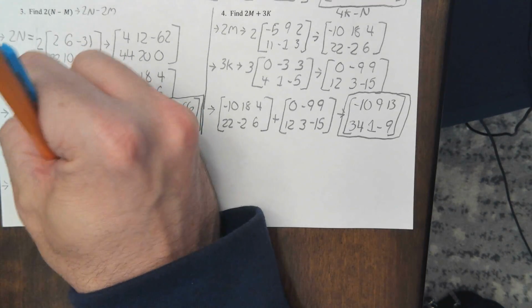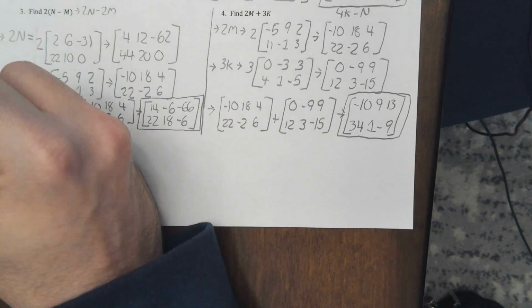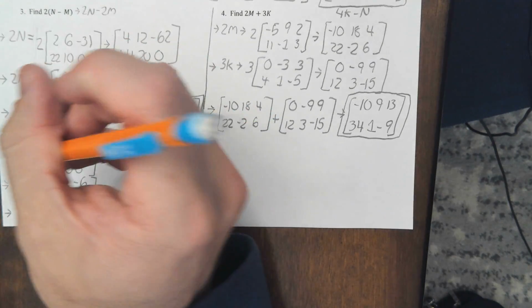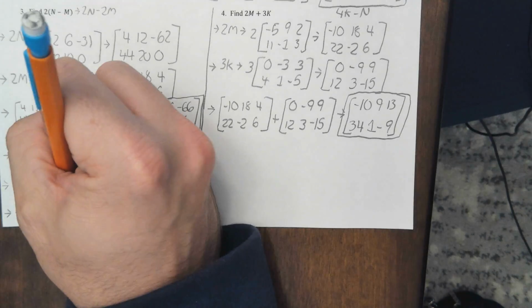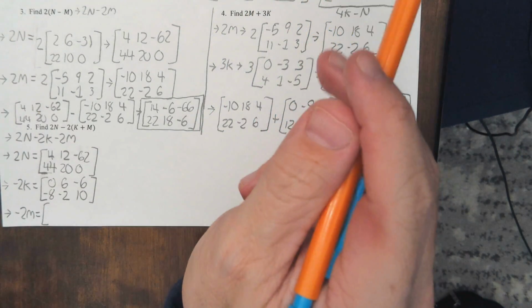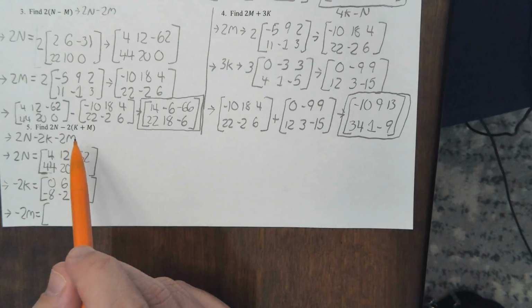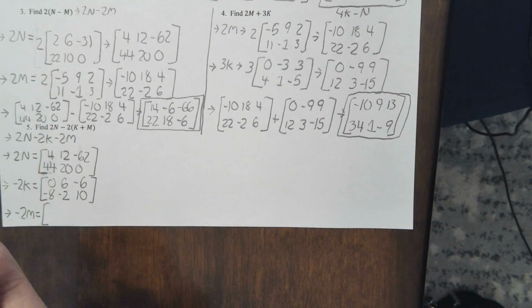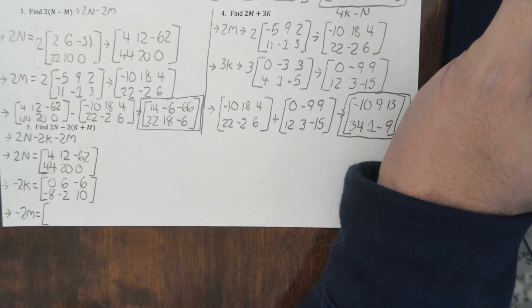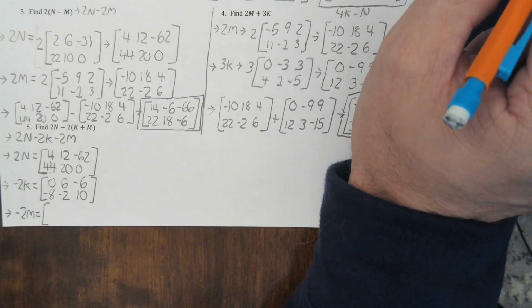Negative 2 times negative 5, 10. And then a negative 2m. Same thing, I'm just taking m and multiplying everything by negative 2. Again, I'm able to do all this subtraction because they all are the same dimensions. If the matrices were not the same dimensions, we would not be able to perform subtraction between these.